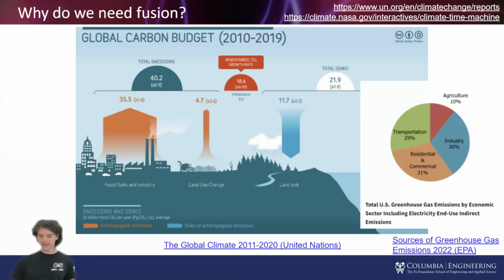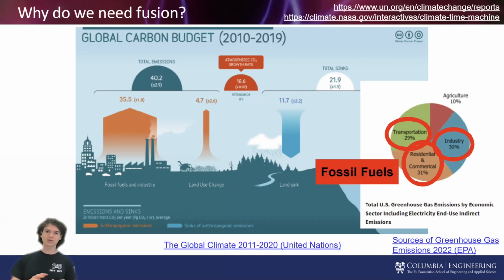The breakdown of where these fossil fuels are coming from is very interesting in the argument for fusion and for replacing fossil fuels that are powering the grid itself. If you look at this pie chart, residential and commercial come from fossil fuels that are powering the grid. Industry is also mostly coming from fossil fuels powering the grid.